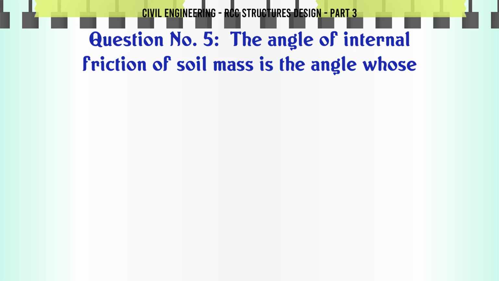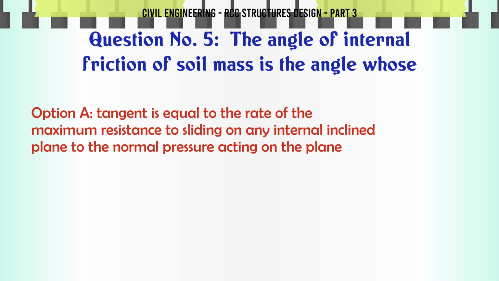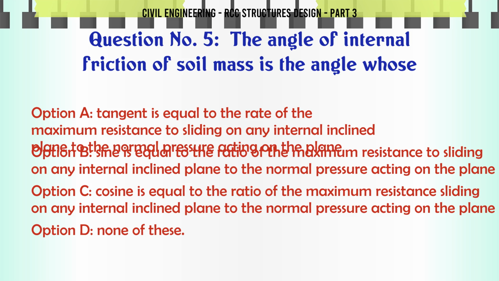The angle of internal friction of soil mass is the angle whose: A, tangent is equal to the ratio of the maximum resistance to sliding on any internal inclined plane to the normal pressure acting on the plane; B, sine is equal to the ratio of the maximum resistance to sliding on any internal inclined plane to the normal pressure acting on the plane; C, cosine is equal to the ratio of the maximum resistance to sliding on any internal inclined plane to the normal pressure acting on the plane; D, none of these.